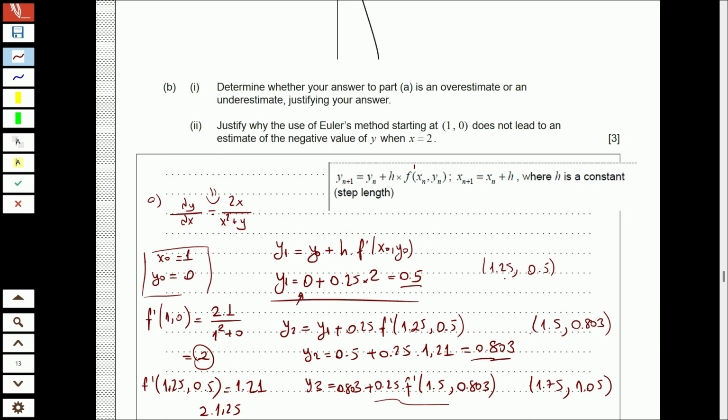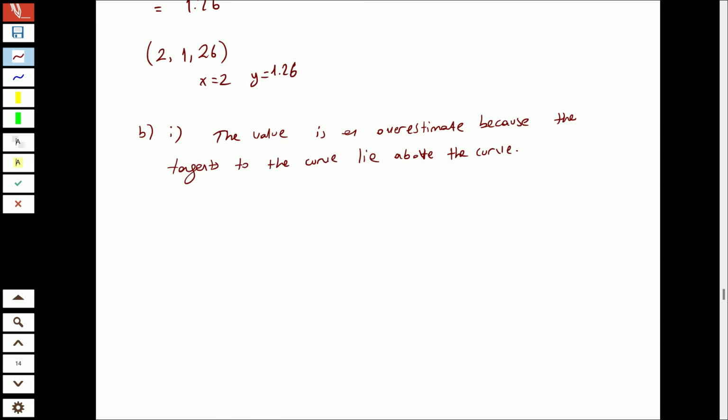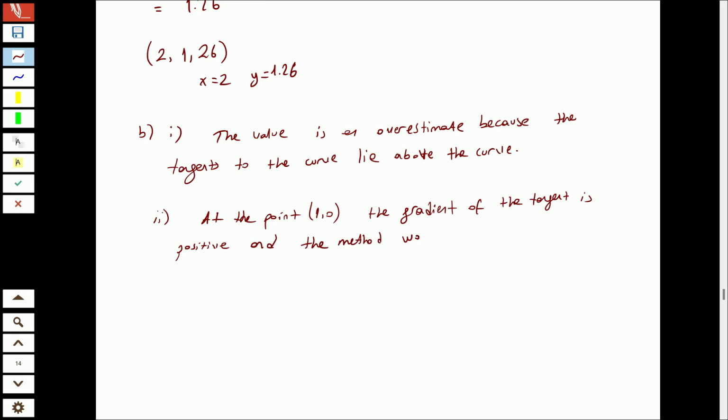The last question is to justify why the use of Euler's method starting at 1, 0 does not lead to an estimate of a negative value of y when x equals 2. At the point 1, 0, the gradient of the tangent is positive, and the method works on the upper side of the curve.